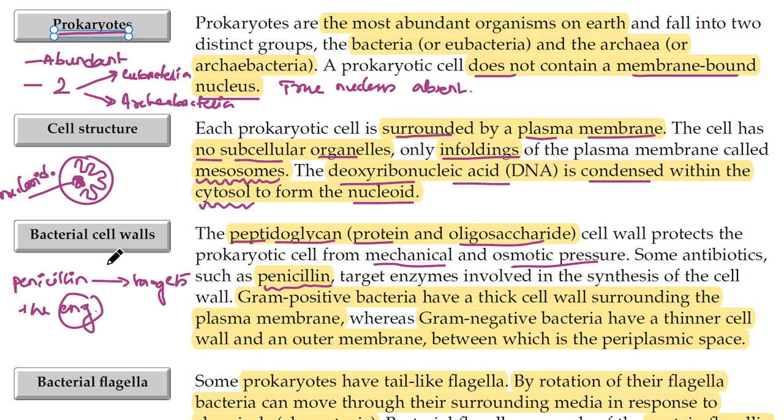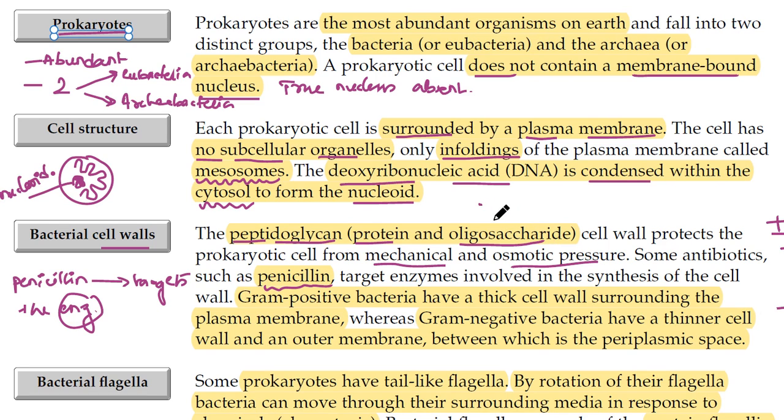Now there is a little difference in the cell wall of gram-positive and gram-negative bacteria. Gram-positive bacteria have a thick cell wall surrounding the plasma membrane. But what about gram-negative bacteria?